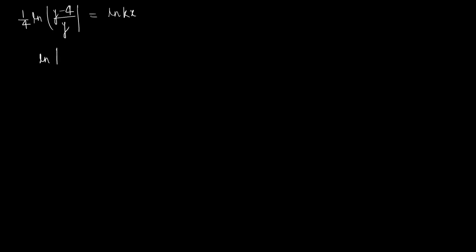In the next step, this can be understood: kx to the power 4. The 4 will be going into the power of the argument of log, which is a property of log.